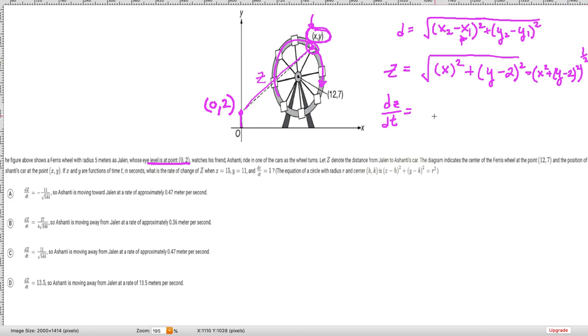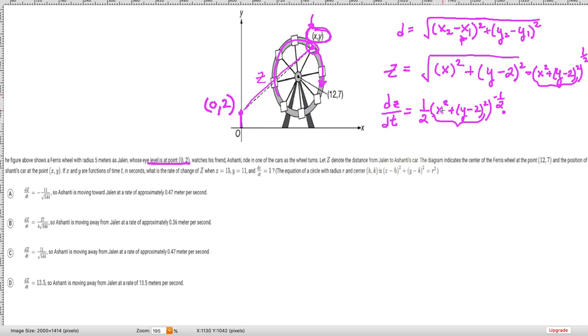So I bring down the 1/2, and it's x squared plus y minus 2 squared to the negative 1/2, times the derivative of the inside. I'm doing the chain rule. This whole thing is the inner function, and the outer function is to the 1/2. I brought down the 1/2 and subtracted 1 from the exponent. But now I have to differentiate the inner function, and this is all with respect to time.